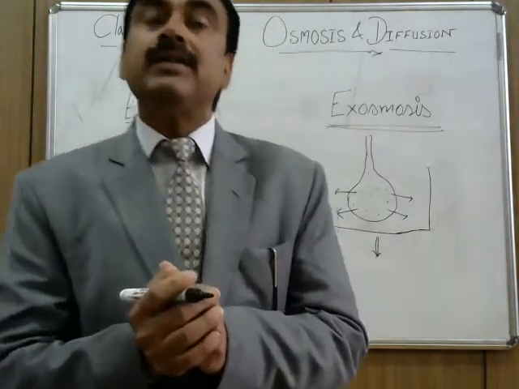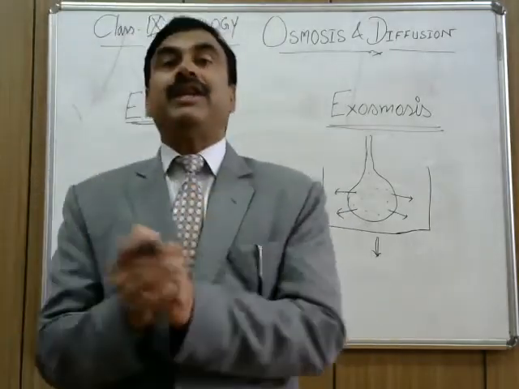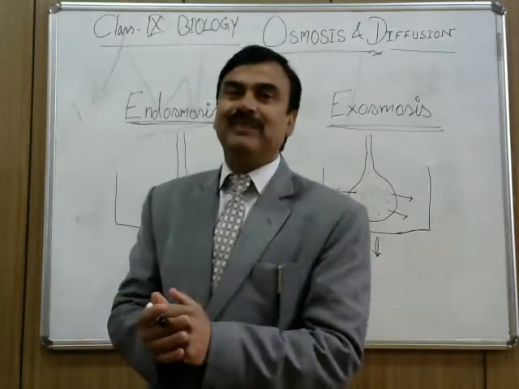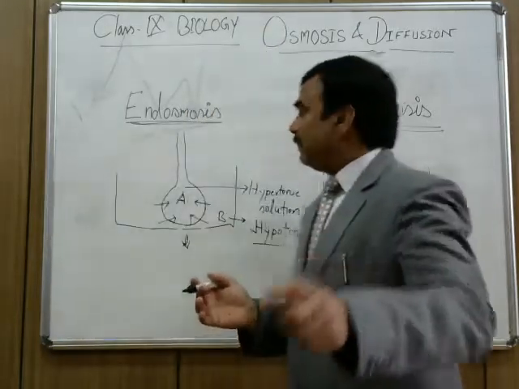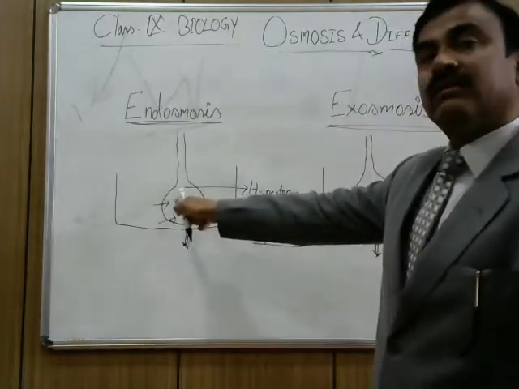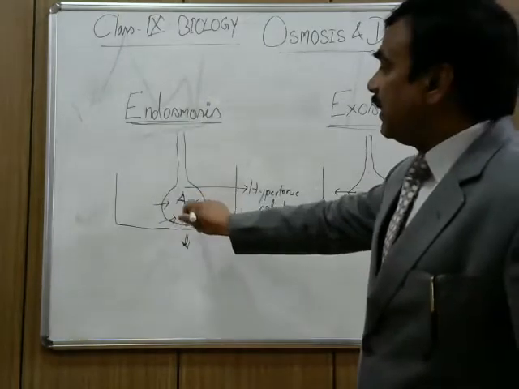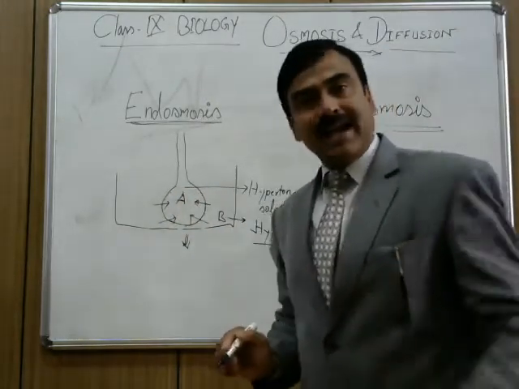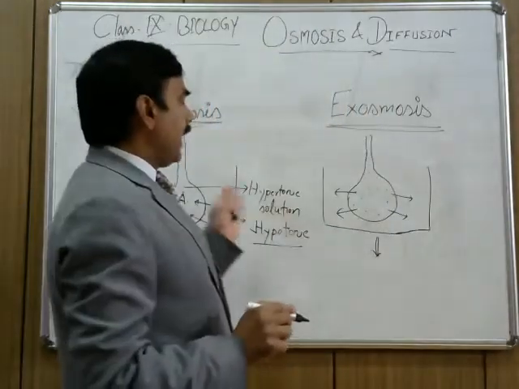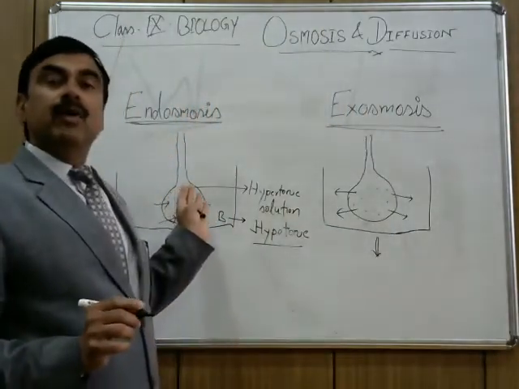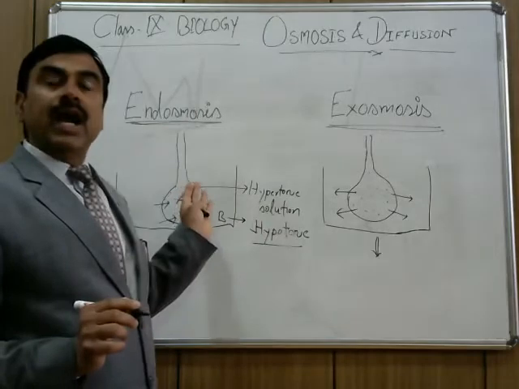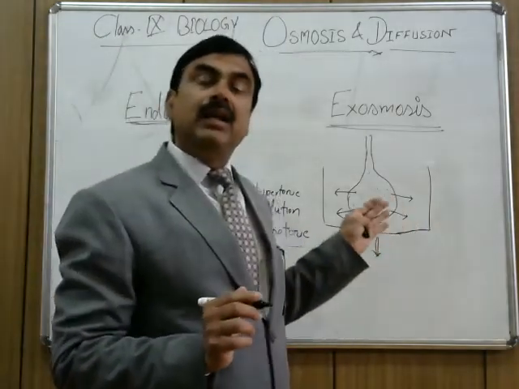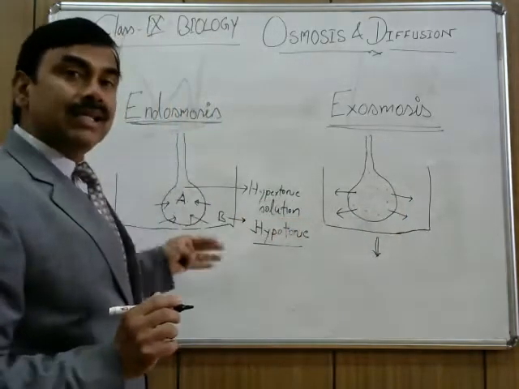Hypertonicity means concentrated. It is a thicker solution. Again coming to the topic, A is hypertonic, and this A is having more solute, and on the other hand the B will have less solute.